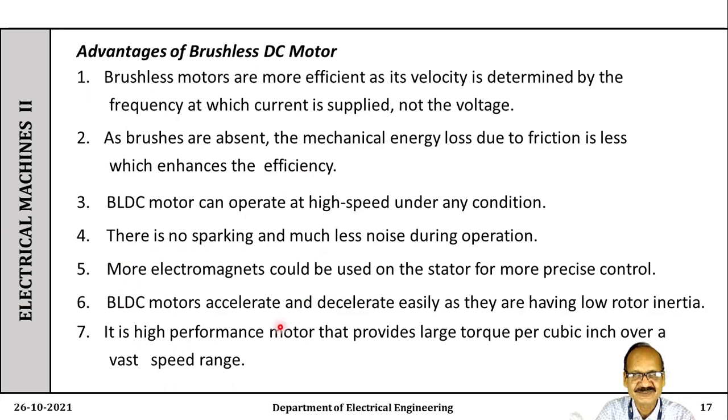More electromagnets could be used on the stator for more precise control. A BLDC motor accelerates and decelerates very easily because of low rotor inertia, and it is a high performance motor that provides large torque per cubic inch over a vast range of speed.